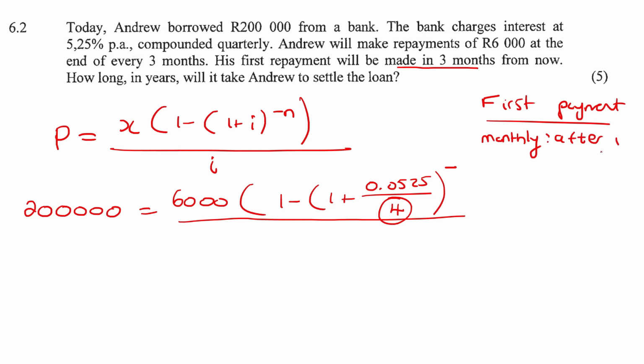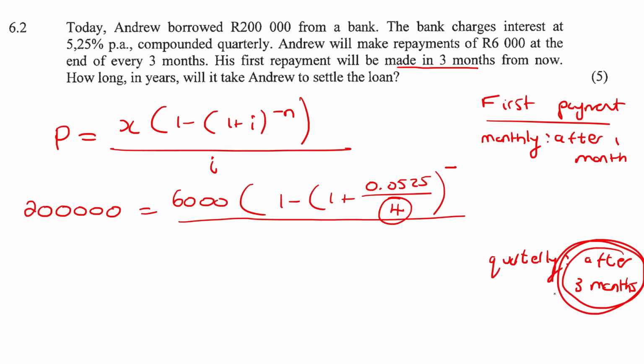After 1 month. If, however, you are compounding quarterly, then you make your first payment after, not 4 months, it's 3 months, because there are 4 quarters in a year, but that means every 3 months, 3, 6, 9, 12. So you are only supposed to make your first payment in 3 months.